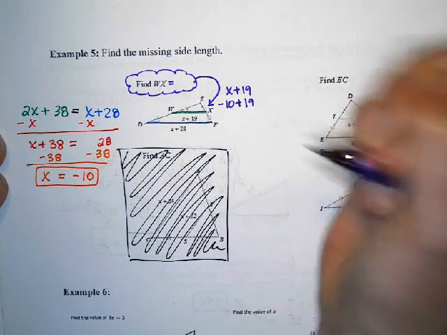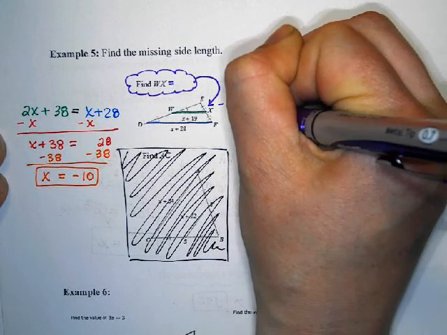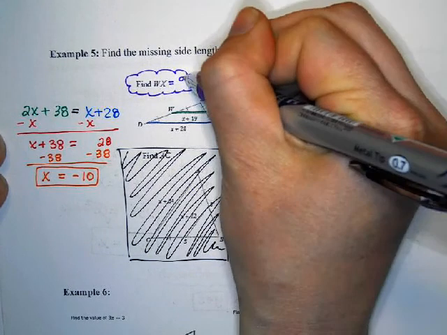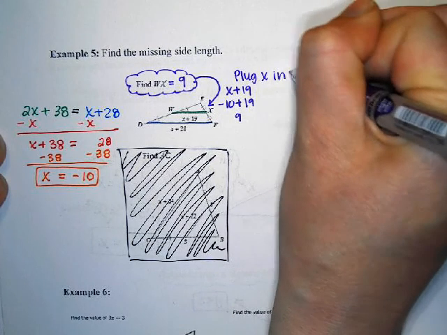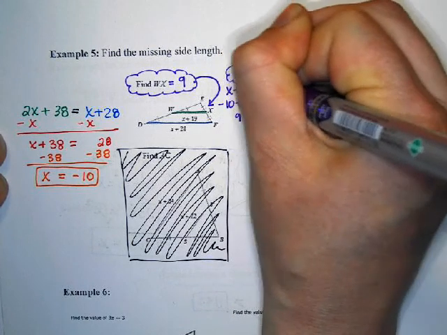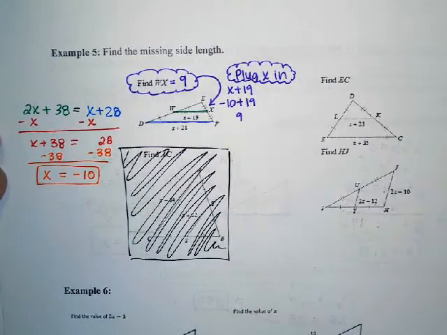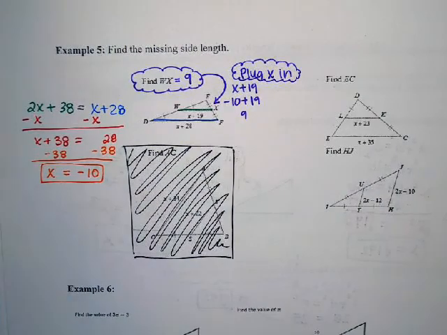What is negative 10 plus 19? It will equal 9.